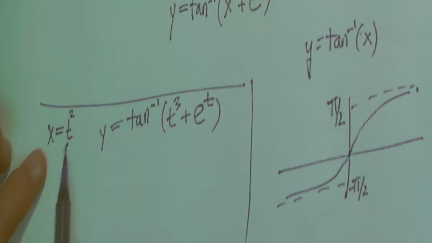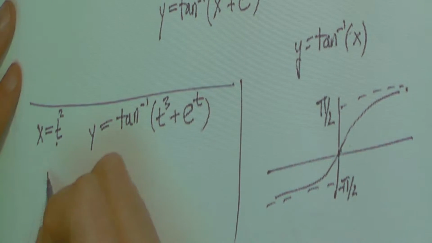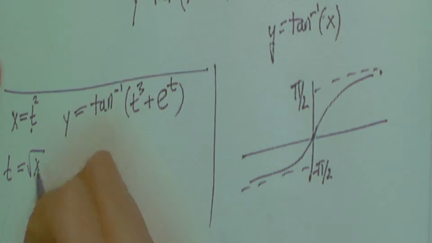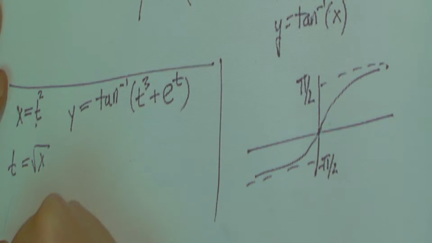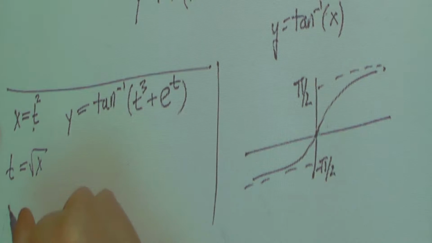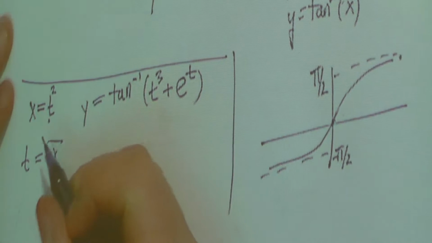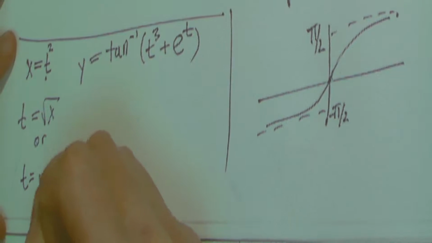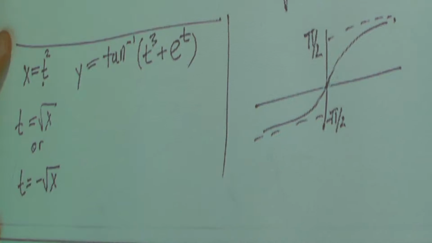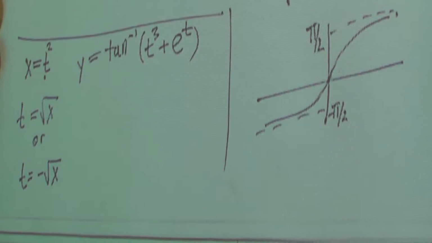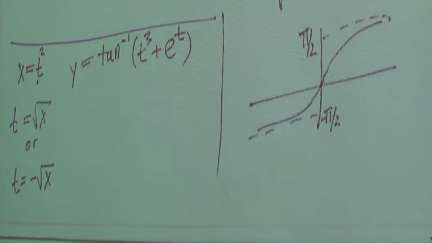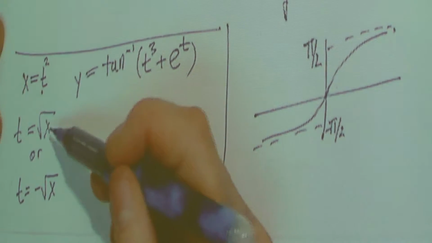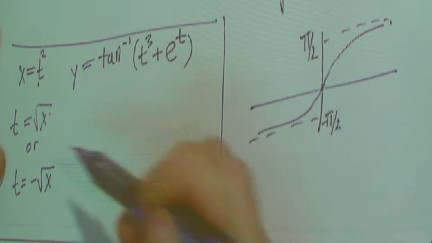If it looked like this, I'd have to say t is equal to square root of x, except for when t is not the square root of x, in which case it would be negative square root of x. And I'd have to give you different formulas depending on where I am.